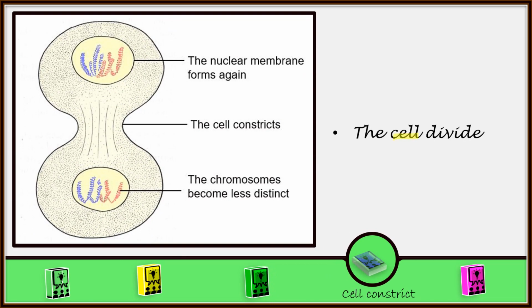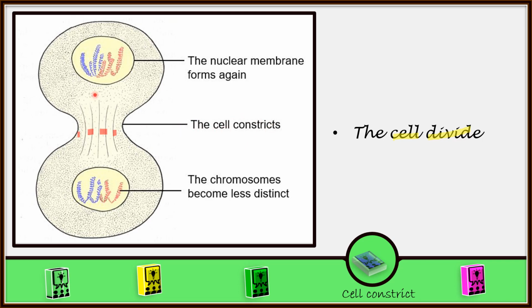The cell now divides. We are seeing here the cell is dividing in the middle. So what is happening is that now the cell is going to constrict.